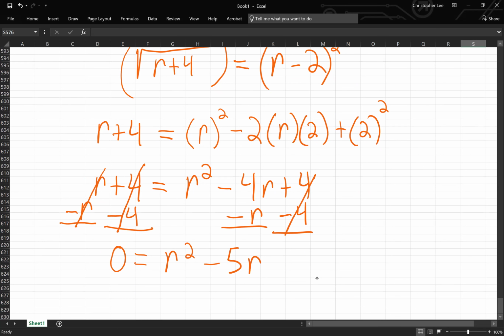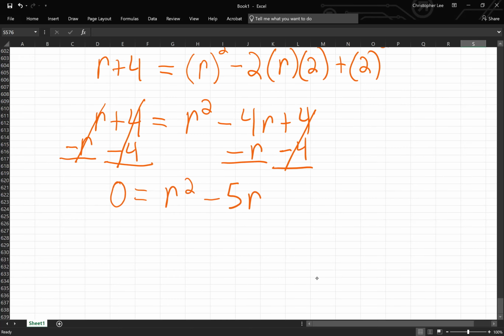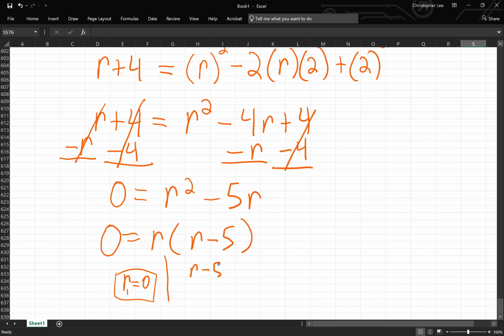Greatest common factor between these two terms is r. Factor that out, so this becomes 0 is equal to r times r minus 5. After that, very simply, just set both of them equal to 0. So this is just r equals 0, r1. That's one answer. And the other one is going to be r minus 5 equals 0. I'm going to add 5. So r2 will equal 5.